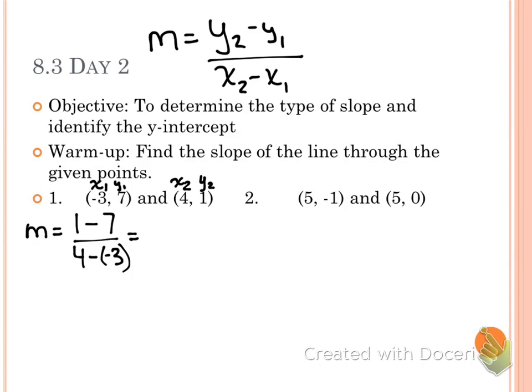Alright, we also talked about yesterday how subtracting a negative is really adding, so we can change that to an addition. Alright, 1 minus 7 is negative 6, and 4 plus 3 is 7. Can that fraction be reduced? No, so we leave it alone. That is our slope.